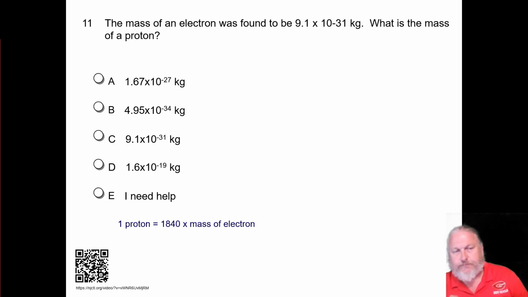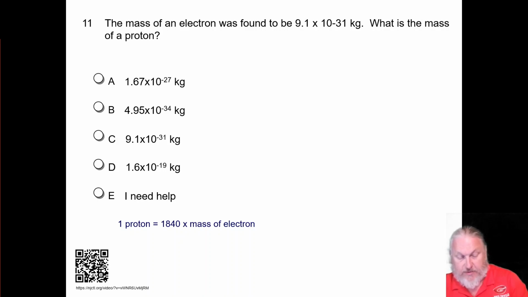The mass of an electron was found to be 9.1 times 10 to the minus 31st kilogram. So what is the mass of a proton? We determined the mass of the electron, and we know that one proton is 1,840 times the mass of an electron.